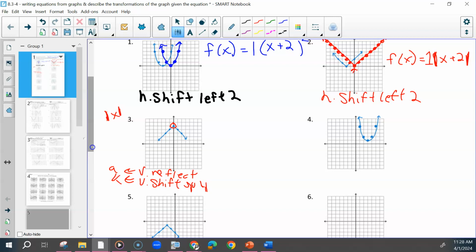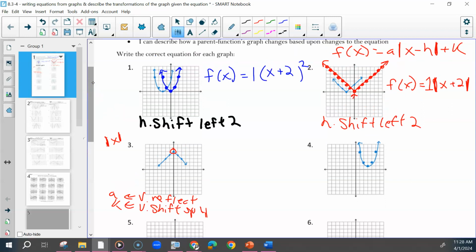So then when we write this equation, it'll look like this. But how would we write the A part if it's a vertical reflection? How would we show that? Would it be -1? So f of x equals -1, absolute value of x.